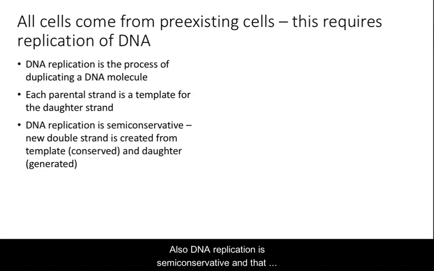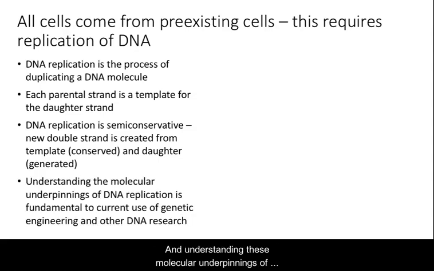Also, DNA replication is semi-conservative, and that means that the new double strand is created from a template or conserved strand and a daughter strand which is generated. And understanding these molecular underpinnings of DNA replication is fundamental to some of the applications we use in things like genetic engineering and DNA research.